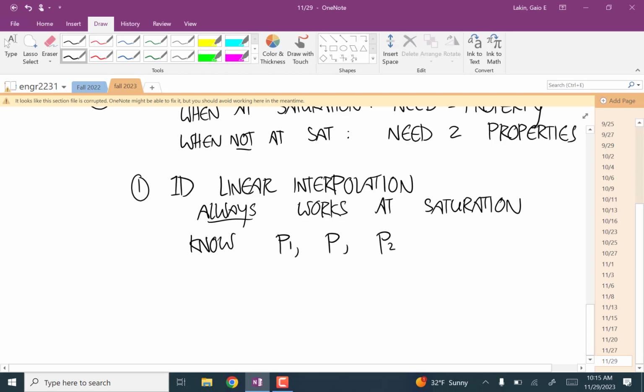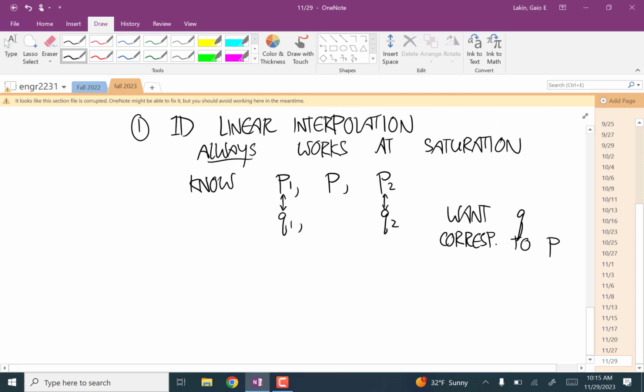And you also know a Q1 that corresponds to P1, and a Q2, and you want the Q value corresponding to that P. Then Q is equal to Q1 plus the quantity Q2 minus Q1 divided by P2 minus P1, times P minus P1.